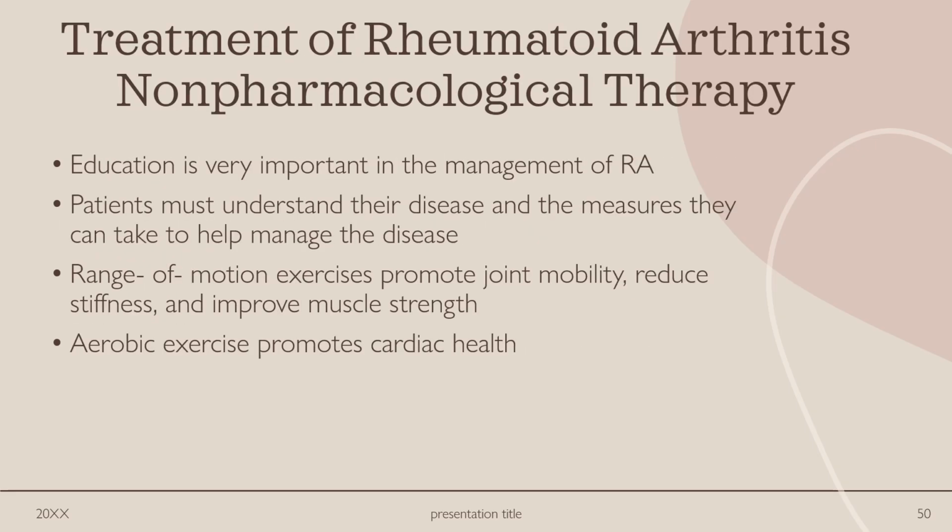So treatment of rheumatoid arthritis, non-pharmacological therapy. Education, of course, is very important in the management of RA. Patients must understand their disease and the measures they can take to help manage the disease process. Range of motion exercises will promote joint mobility, reduce stiffness, and then improve muscle strength. And again, aerobic exercise will promote good cardiac health.